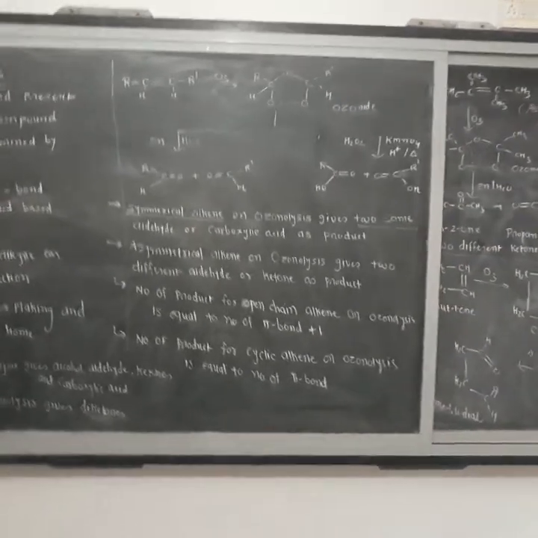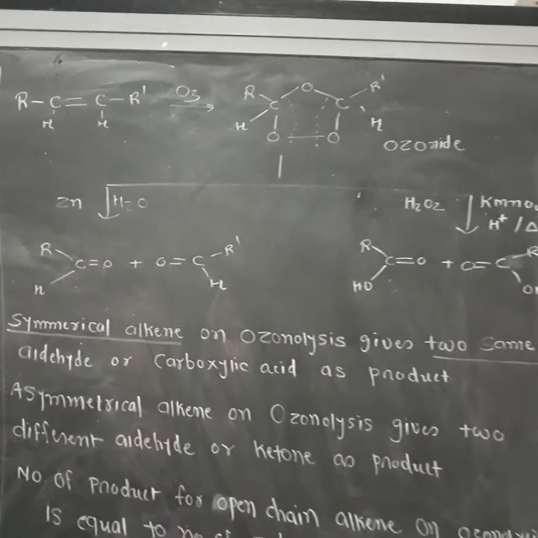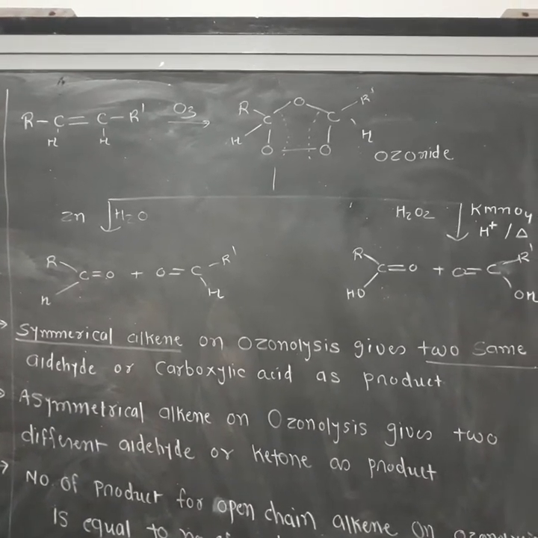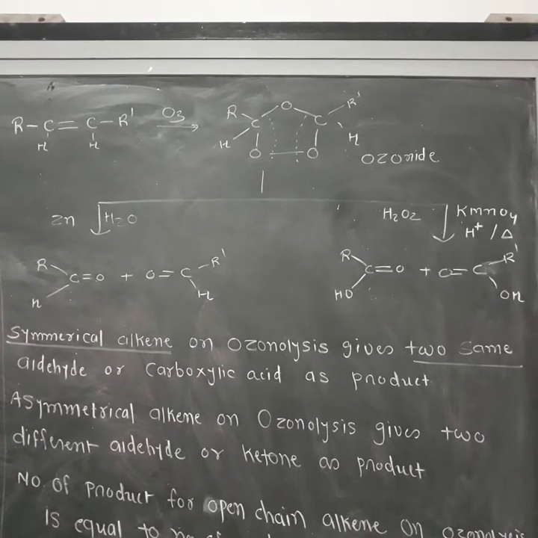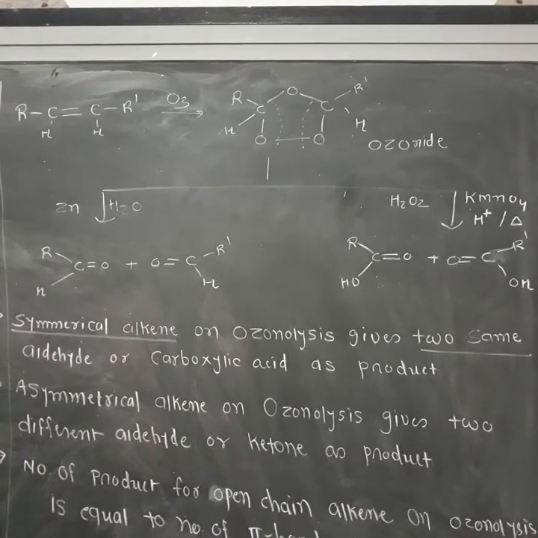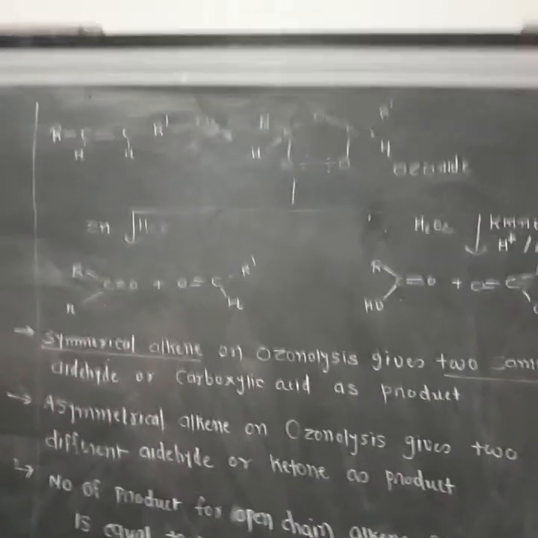Chemical reaction of ozonolysis. Under this chemical reaction, any alkene group of a compound on ozonolysis gives ozonide as an intermediate. Whatever ozonide is obtained as an intermediate, there are two possibilities.